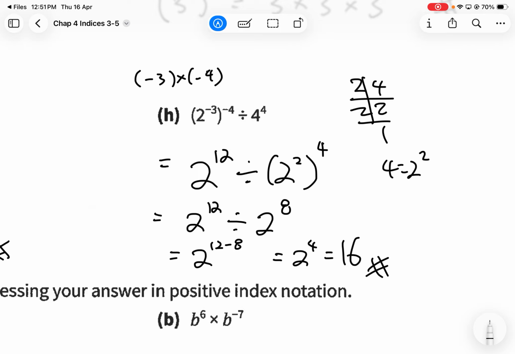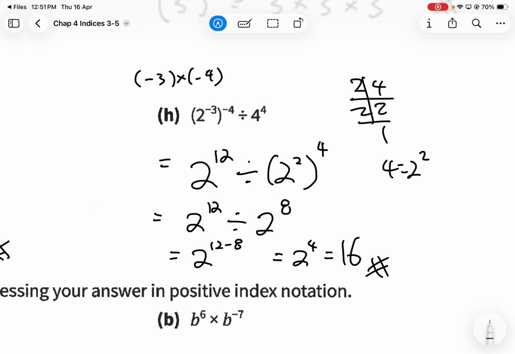Then I must start to be able to see that whenever I have bracket to the power, the base don't change, just multiply the index. So in this case, 2 to the power of negative 3 and to the power of negative 4, same, I keep the base no change. Just that the index multiplied. Negative 3 and negative 4 become 12.